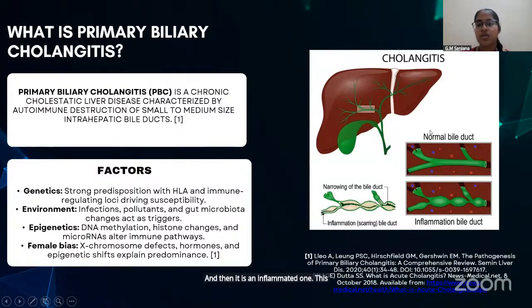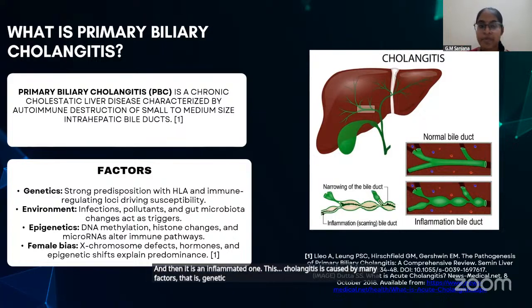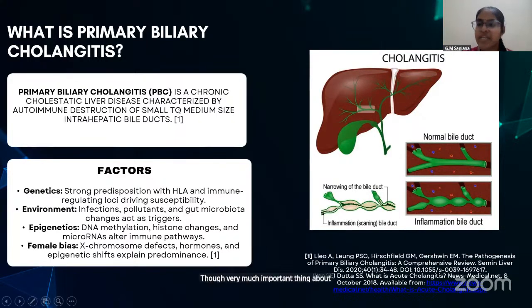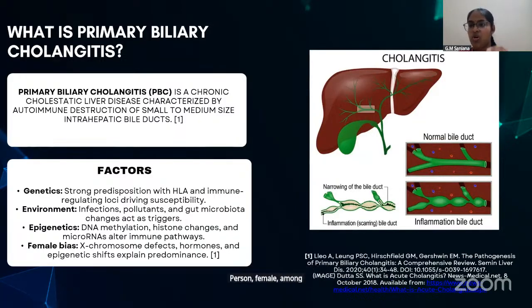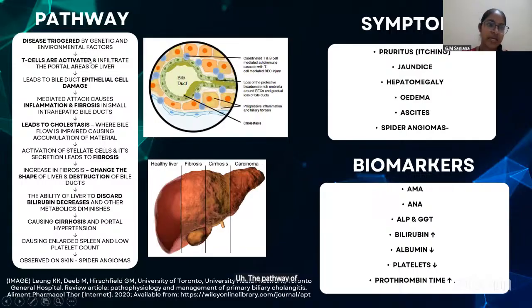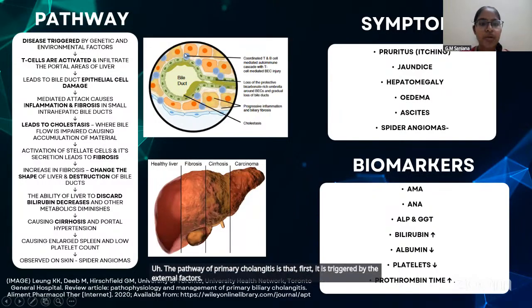This cholangitis is caused by many factors: genetic, environmental, epigenetic, and female bias. A very unique thing about PBC is that it affects mostly females among all patients, more so than males. The pathway is that first it is triggered by external factors, then it goes to the T cells.